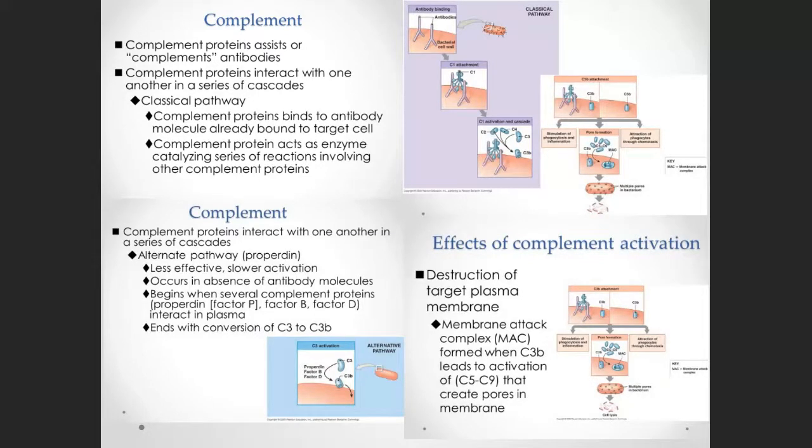What I want you to take away is, again, complement, like interferons, they are part of these cytokines. And these cytokines are proteins and other molecules typically made by immune cells or by some of the local cells that are infected to help, again, the immune cells ultimately break apart and kill or beef up defenses against pathogens.